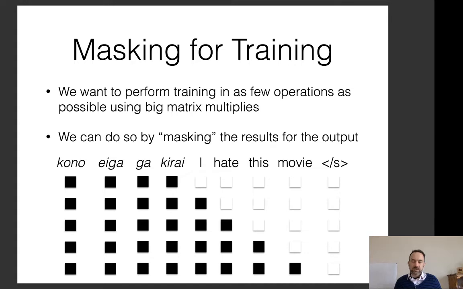So essentially, we have this gradual masking effect. But fortunately, if we create a masking matrix like this, this will allow us to process all of these masked sequences at the same time, which can really improve the computational efficiency of doing this training.